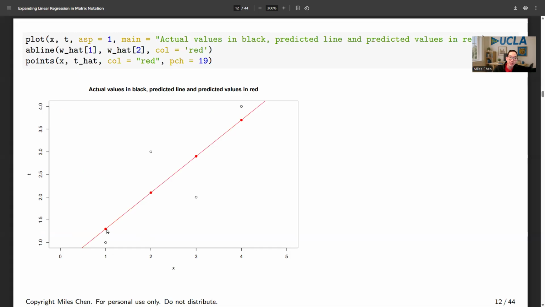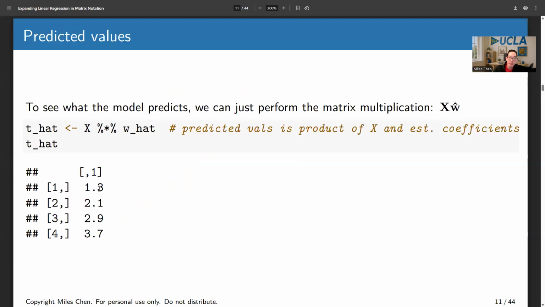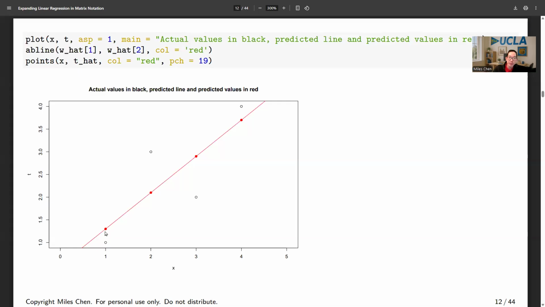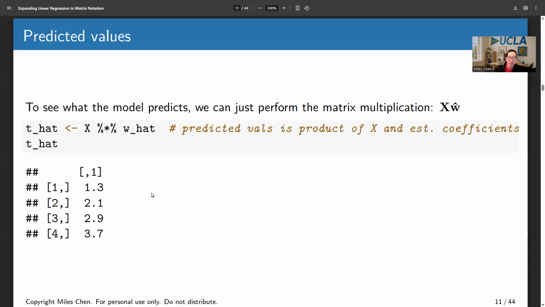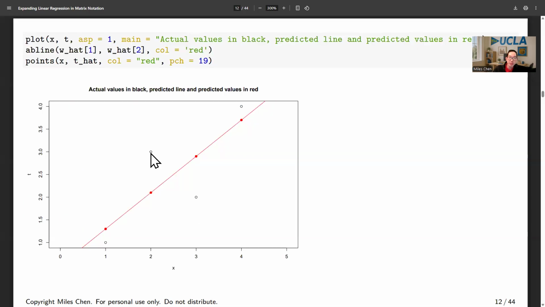And so we have a residual between 1.3 and 1. So we have a residual of 0.3 here. Here we have a residual of 0.9, I believe. Yeah, 2.1 is our predicted value. The actual value is 3, so we have a residual of 0.9.